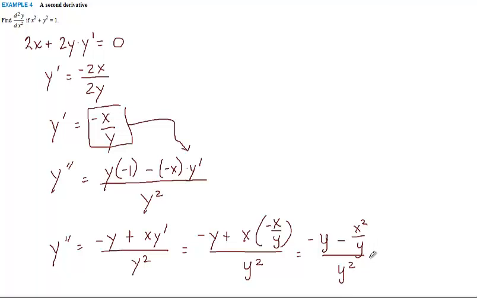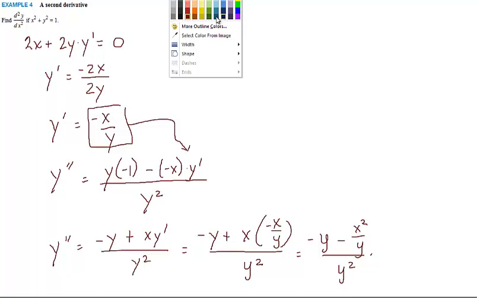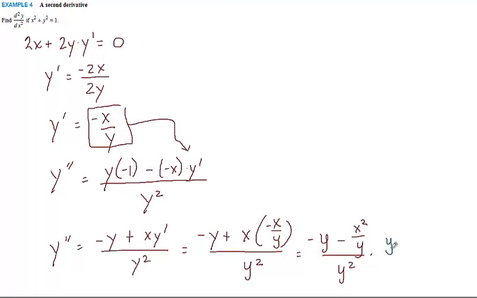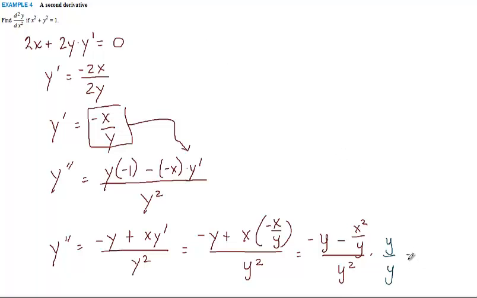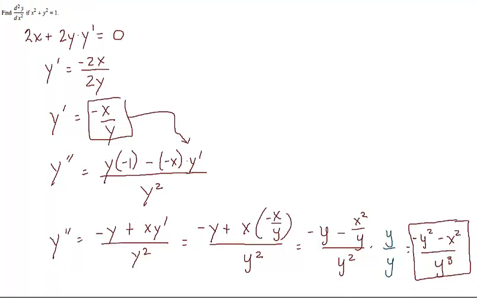In order to get this fraction out of there, I multiply top and bottom by y over y so that I can make it even cleaner. And this is going to be y times that, minus y squared minus x squared over y cubed. Hey, that does look prettier, doesn't it? Always trying to make my answers look nice.